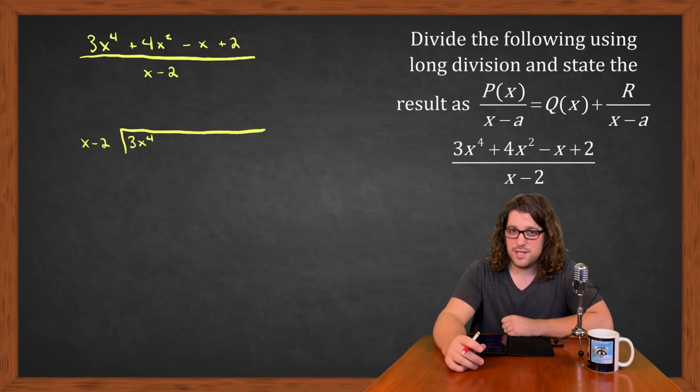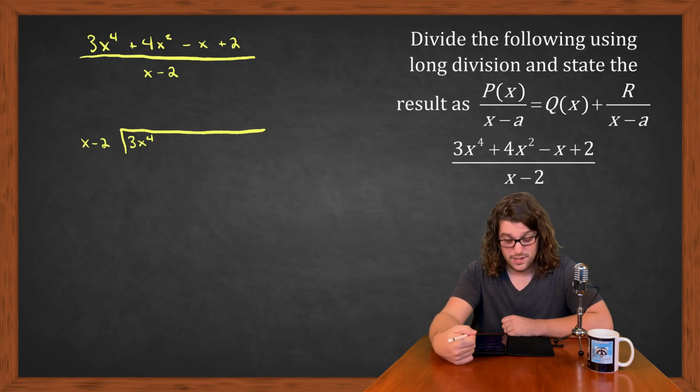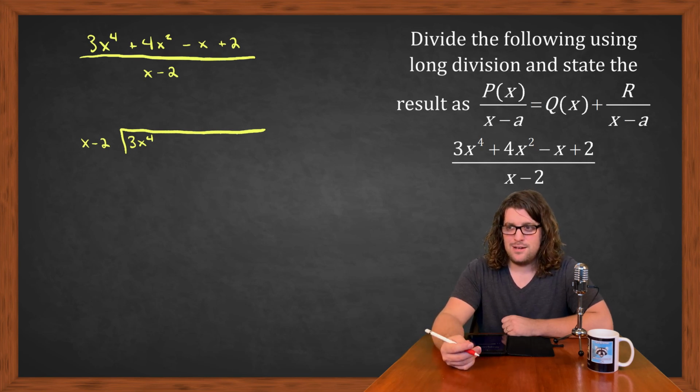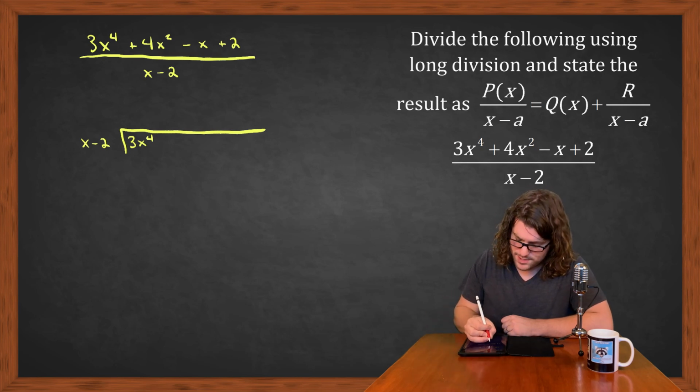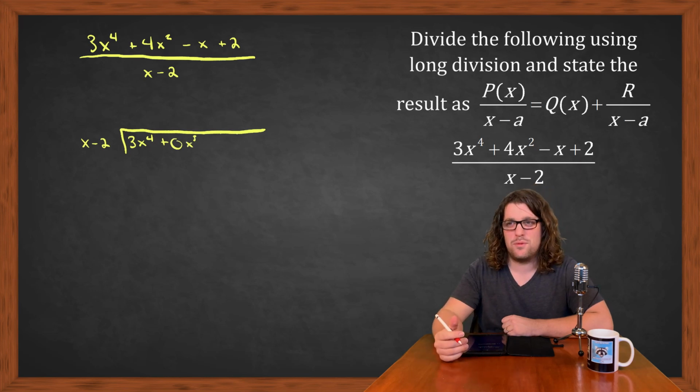One of the downfalls that can happen when doing these questions is that you get a nice tidy polynomial like the one that we have right here, but it has a 0 coefficient on one of the terms. So in this case it's 0x cubed. If I don't write down 0x cubed here, it's not that it will make the problem more difficult, it's just that it's harder for me to keep organized.